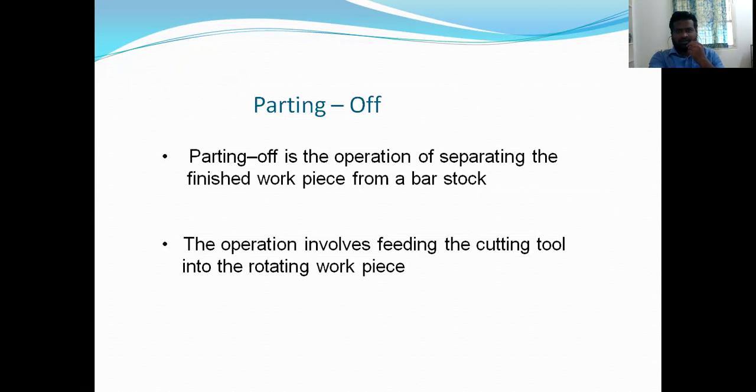We need a cylindrical part up to some length, or a stepped part, or a conical part, or some finished part up to some length. So we need to cut that part from the total length of the bar, right? For this reason, we are doing the parting off operation.